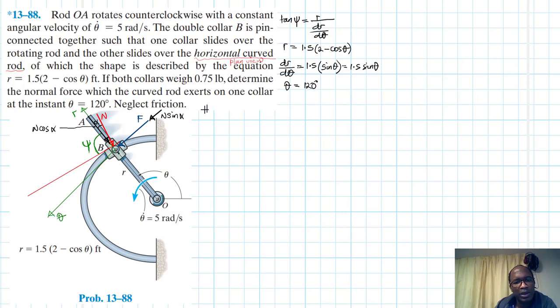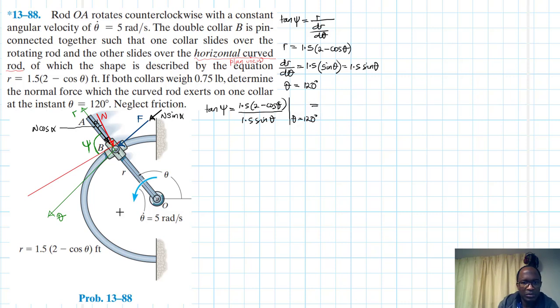So we know now that tan psi is just going to be equal to r, which is 1.5(2 - cos theta), divided by 1.5 sine theta. We are evaluating this at theta equal to 120 degrees.